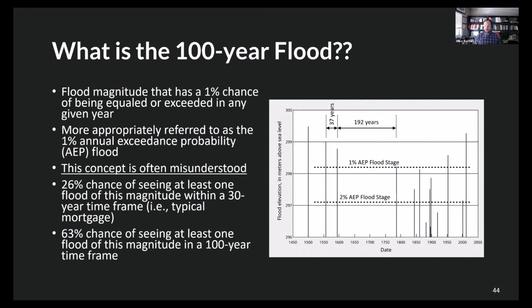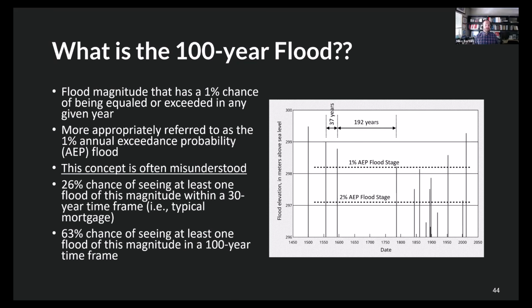A great example of this are floods. I think this is for the Danube River in Germany. I grabbed this image where for a given threshold, the 1% AEP flood stage, they've had that equaled or exceeded once every 37 years, all the way up to once every 192 years, right? There could be a 192-year period where you just don't get a flood of that magnitude.